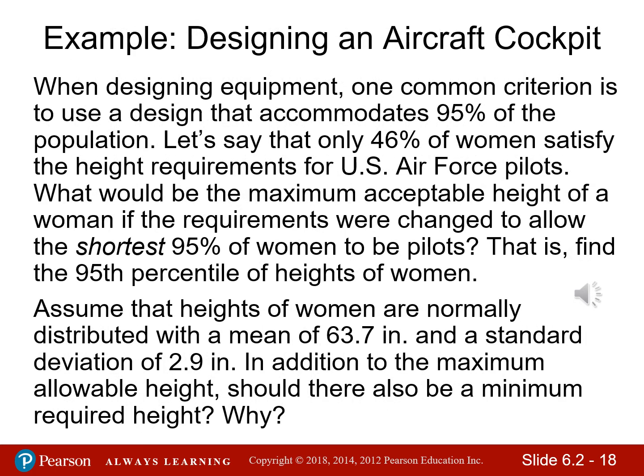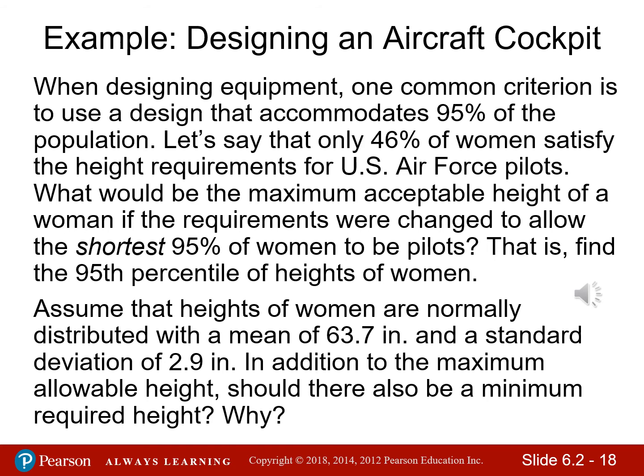Let's consider this example. When designing equipment, one important criterion is to use a design that accommodates 95% of the population. Let's say that only 46% of women satisfy the height requirements for U.S. Air Force pilots. What would be the maximum acceptable height of a woman if the requirements were changed to allow for the shortest 95% of women to be pilots?